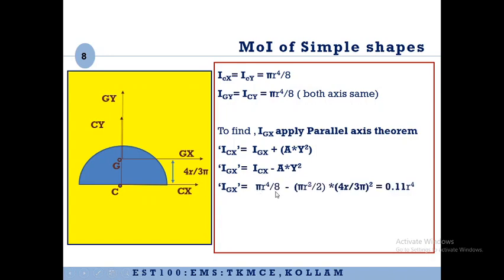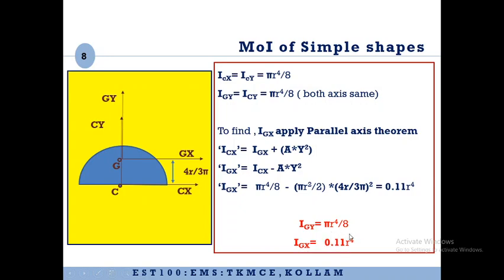Icx is pi r raised to 4 by 8, area is pi r square divided by 2 and distance between the two axes is 4r by 3 pi. So if we simplify this, we will get the value as 0.11 r raised to 4. So these values have to be learned by heart. That is, the value of Igx has to be learned by heart. That is 0.11 r raised to 4.